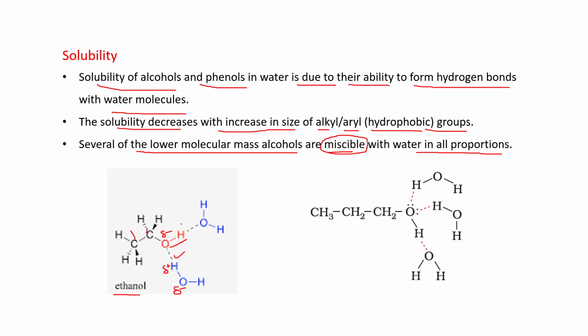In the same way, in the alcohol this hydrogen is partial positive and in water this oxygen is partial negative. This force is a hydrogen bond. In the same case, this is propan-1-ol, CH3, CH2, CH2, OH. It also forms hydrogen bonds with water molecules. That's why they are completely miscible with water in all proportions.